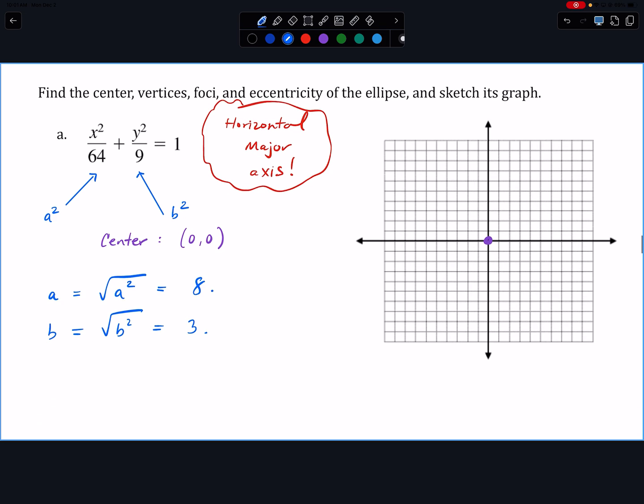Now, this problem wants us to figure out our vertices, foci, and eccentricities. We haven't done this yet, so look in your notes. This is a horizontal major axis. What is the formula to find the major vertices, if it's horizontal? h plus or minus a, comma k.